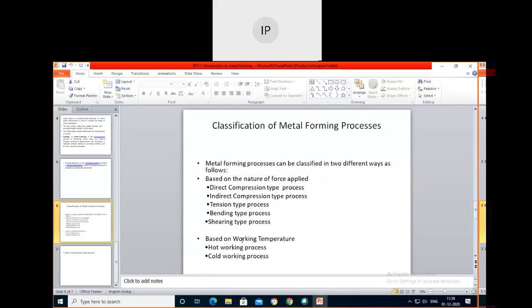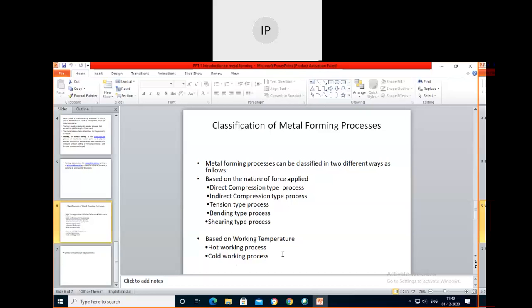Also we saw that based on the working temperature of the material, we have two types, that is hot working condition and cold working condition. If you heat the metal during operation, there will be a variation in temperature that changes the crystal structure of the material. Once it starts recrystallization, there will be changes in the structure of the material.